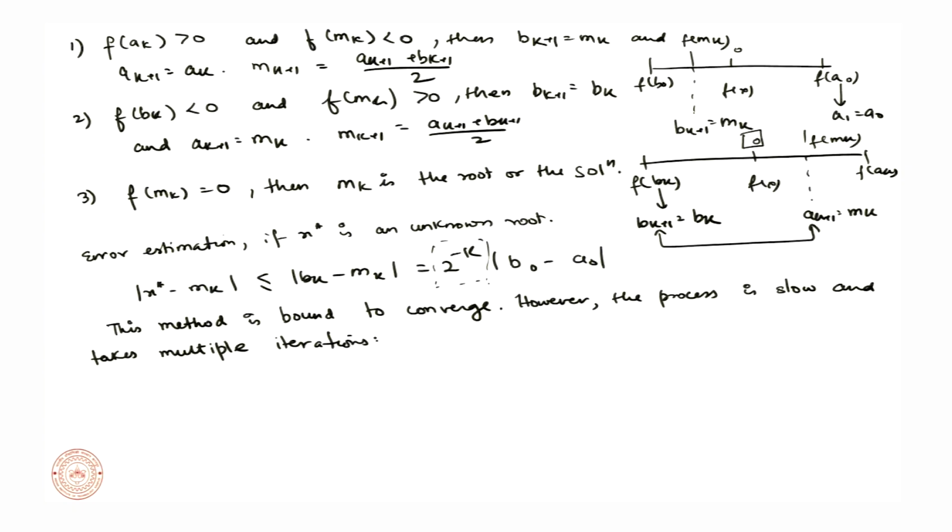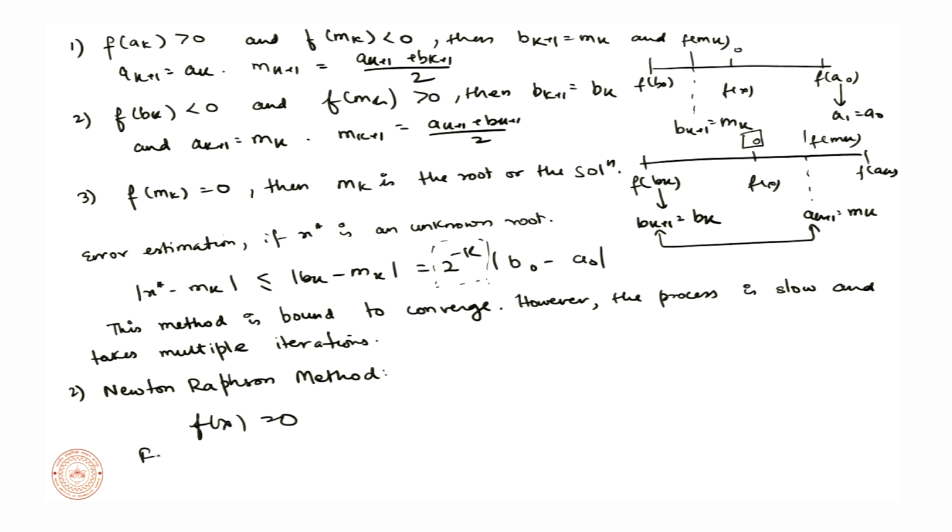The second process that we will look at is our Newton-Raphson method. Again we take the same function f of x equals 0.